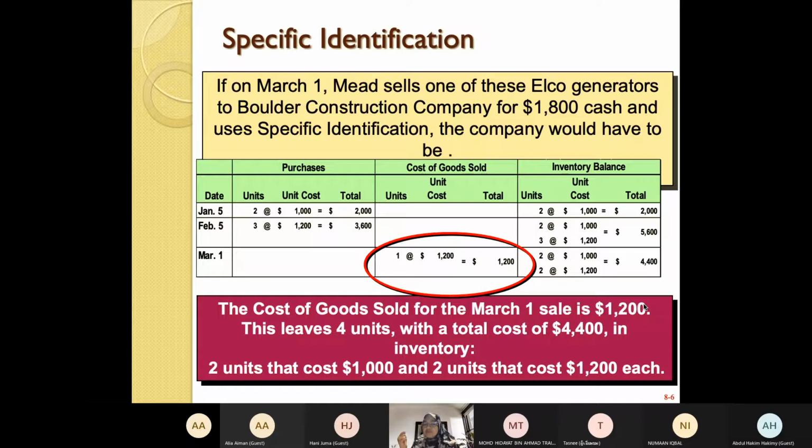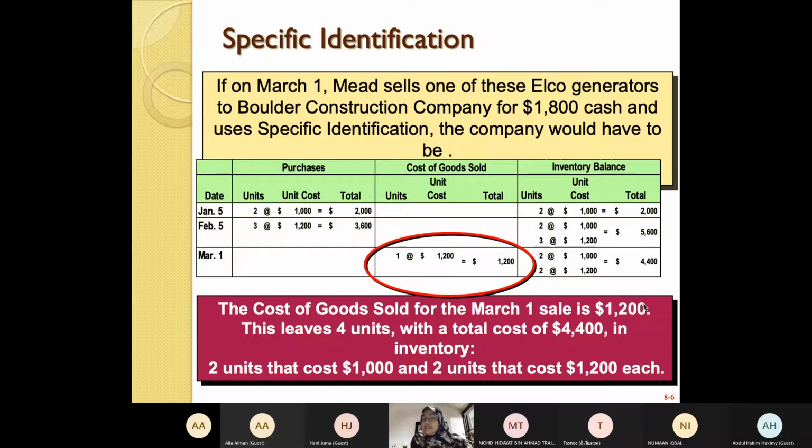On February 5th, at the unit cost of 1,200, you have 3 units. But you have sold one of that unit on March 1st. That's why now you only have 2 units at 1,200, but at the cost of 1,000 you still have 2 units. So in total you have a balance of 4,400.